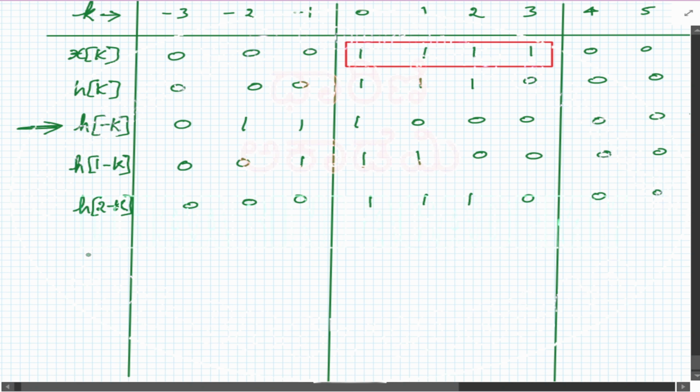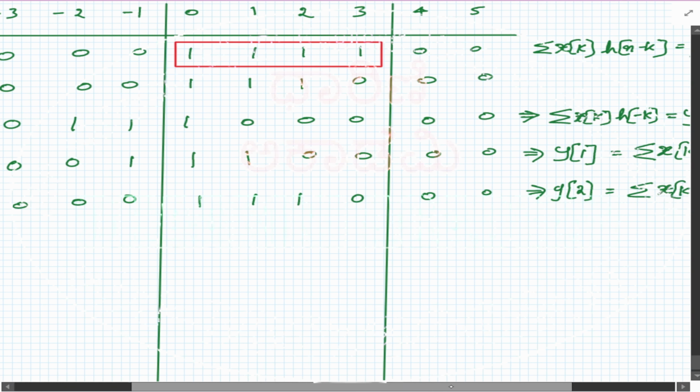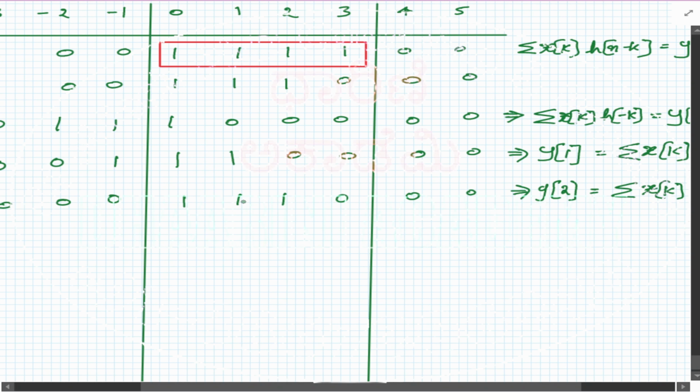Do the same thing. There is a point to stop, and you will come to know that now. You are multiplying 1 into 1, this 1 into 1, this 1 into 1. So 1 plus 1 plus 1, 3.